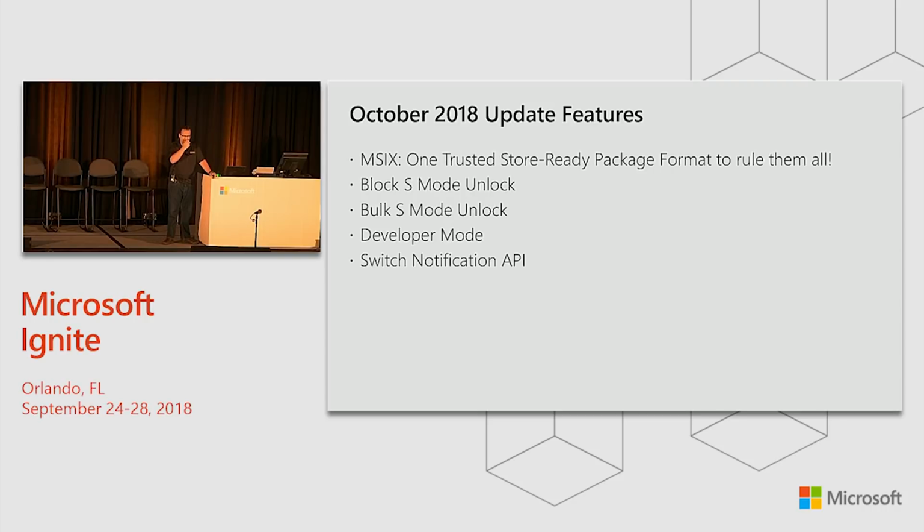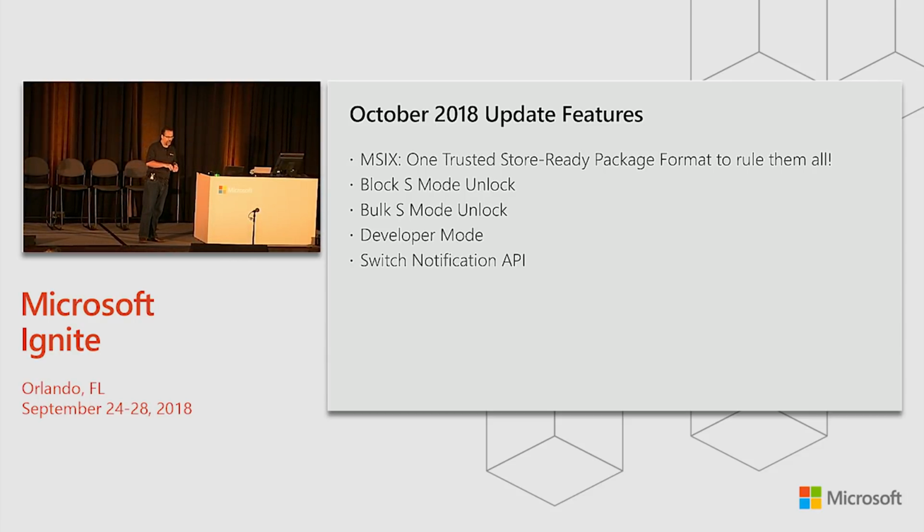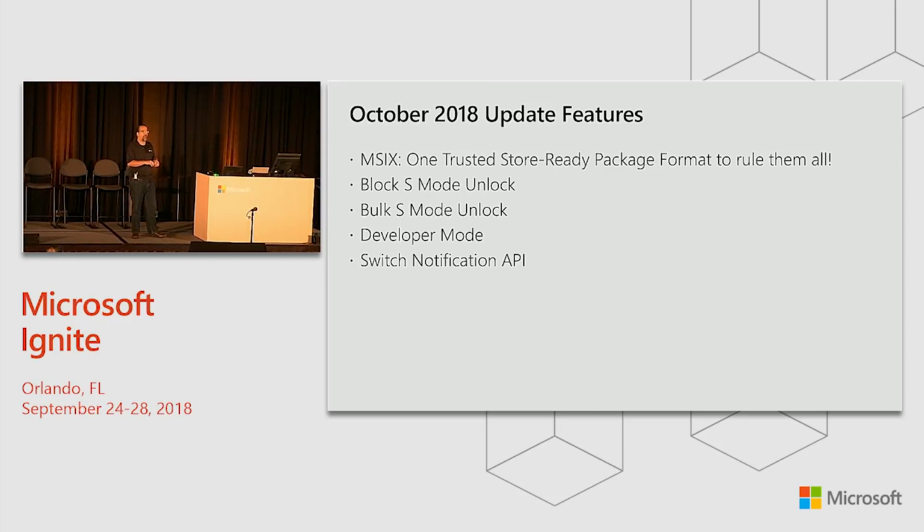But let's talk specifically about the October 2018 updates. First of all, MSIX and RS5. Windows 10 in S mode will support MSIX, one trusted store-ready package format to rule them all. We also have block S mode unlock and bulk S mode unlock, which are manageability features that have been long asked for.